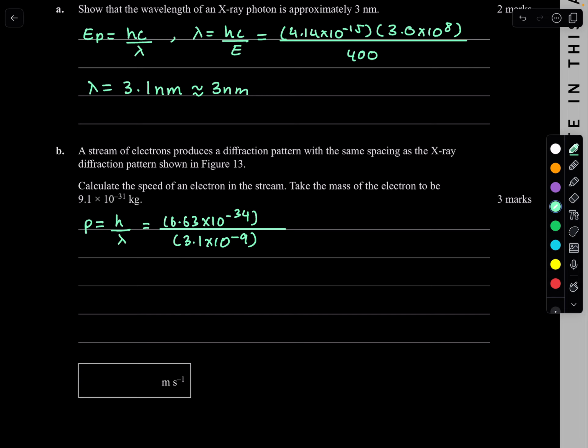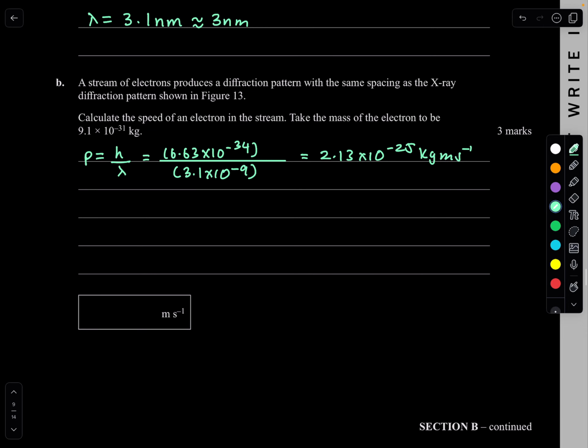In terms of momentum, we get 2.13 times 10 to the power of negative 25 kilograms meters per second.